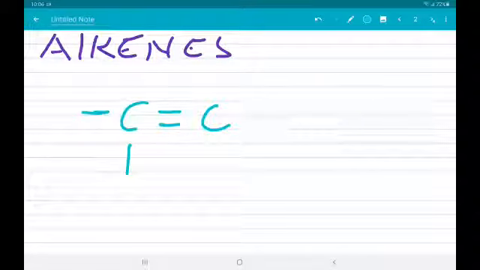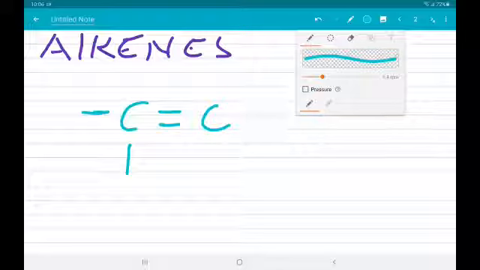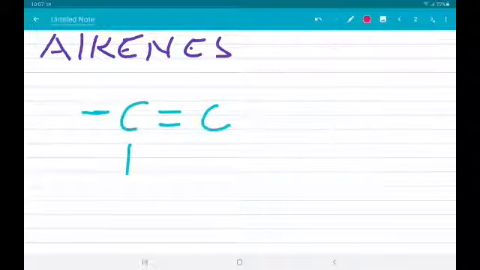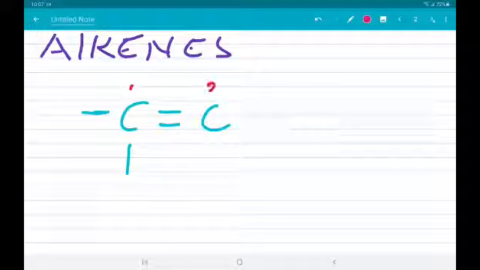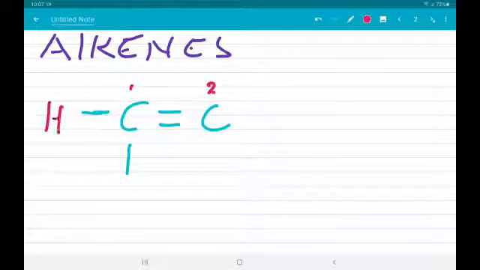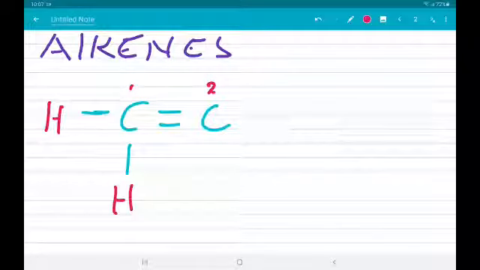Let us consider this as the first carbon and this as the second carbon. Since it is the first carbon, it cannot go on further with other carbons, so the remaining two electrons of the first carbon will combine with hydrogen. How many hydrogens? 2, because each hydrogen contributes 1 electron.